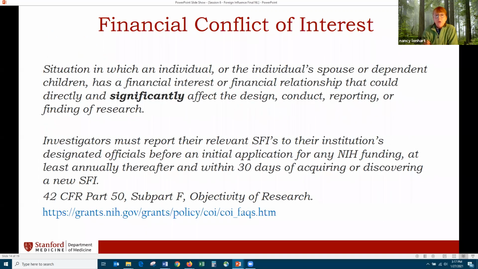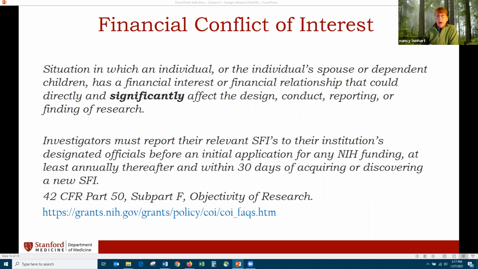When we look at the financial conflict of interest, the situation in which an individual or the individual's spouse or dependent children has a financial interest or financial relationship that could directly or significantly affect the design, content, reporting, and finding of the research. We have to remember that our investigators must report these conflicts of interest to our institution. And as I mentioned, we checked through that with Barbara Flynn.